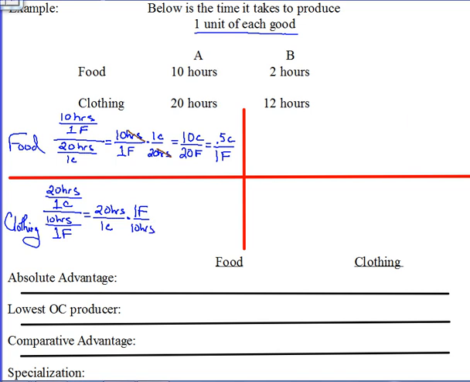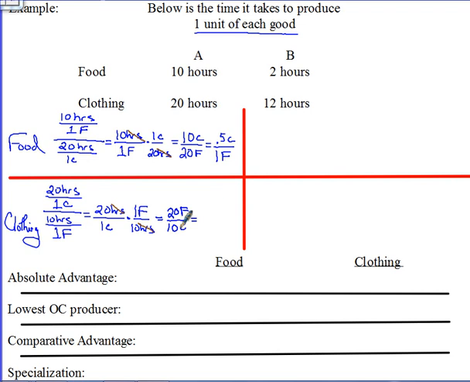And my unit hours is going to cross, just like before. So we're going to end up with my hours crossing. So that's going to be equal to 20 times 1 food, which is 20 food, over 1 clothing times 10, which is 10 units of clothing.